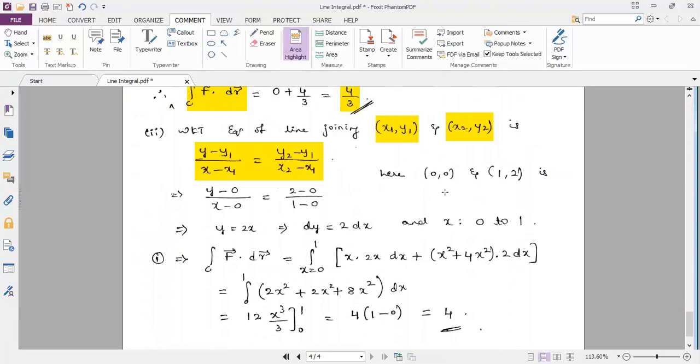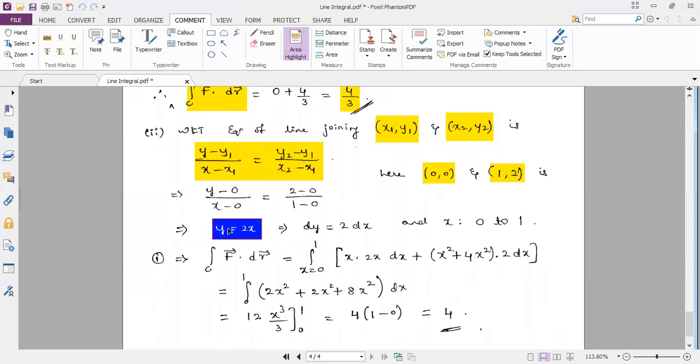Let us represent 0, 0 as x1, y1 and 1, 2 as x2, y2. Substituting, we get the expression simplifying as y is equal to 2x. So this is the equation of the line joining 0, 0 and 1, 2.